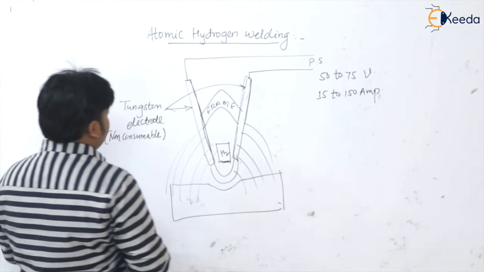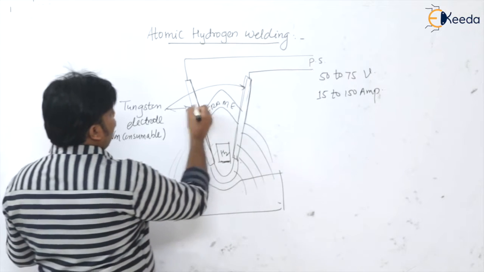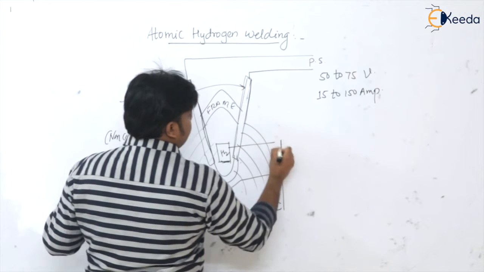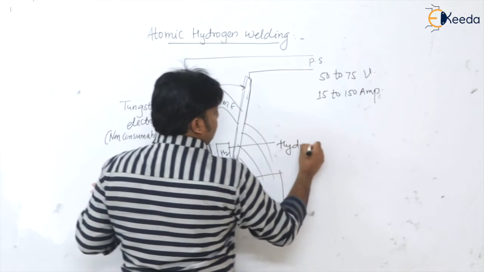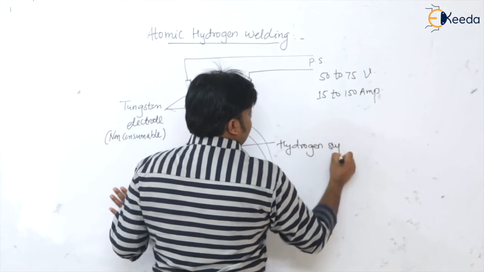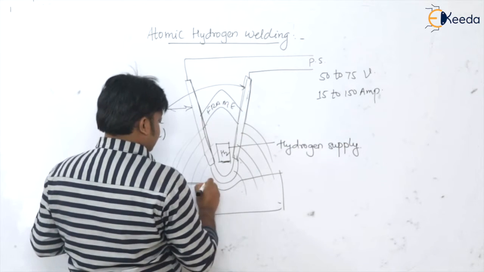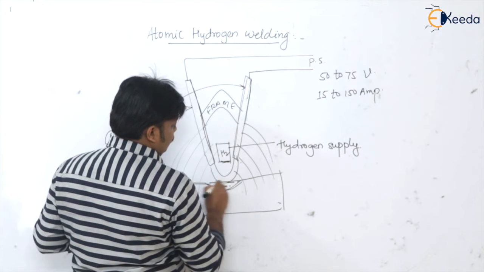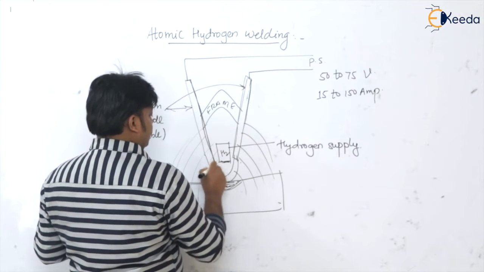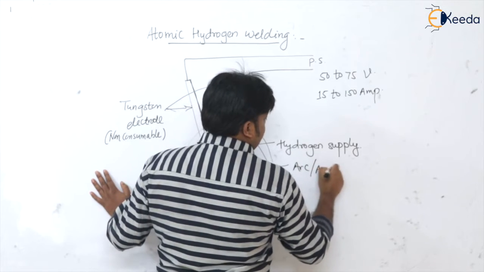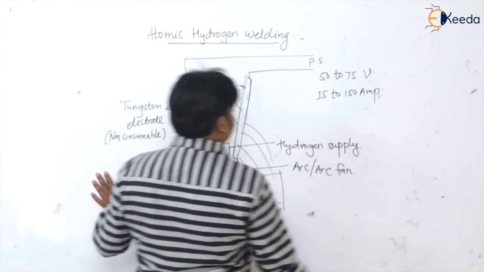This is the frame, this is the hydrogen supply, this is the hydrogen supply. This is our molten metal pool. This is the arc or arc fan.